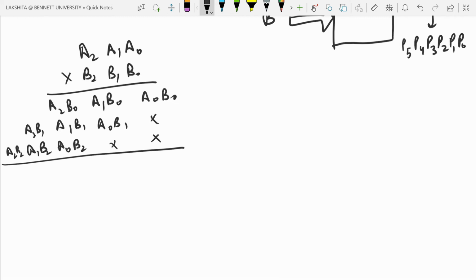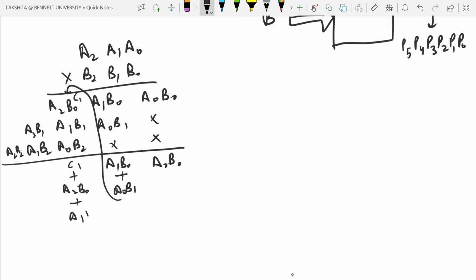Now we'll add the columns. Here we have A0 B0, A1 B0 plus A0 B1 and the carry of the first column will go here. So here we have C1 plus A2 B0 plus A1 B1 plus A0 B2 and the carry will go to the next column.